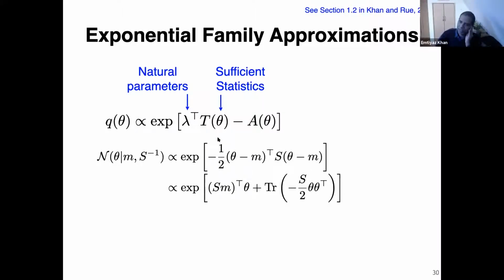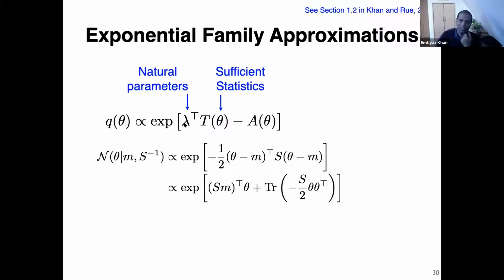Here, T of theta, the sufficient statistics, is theta and theta transpose. So there's a linear part and a quadratic part. And the things in front, the mean times the precision, and the precision divided by half, negated, are now lambda.